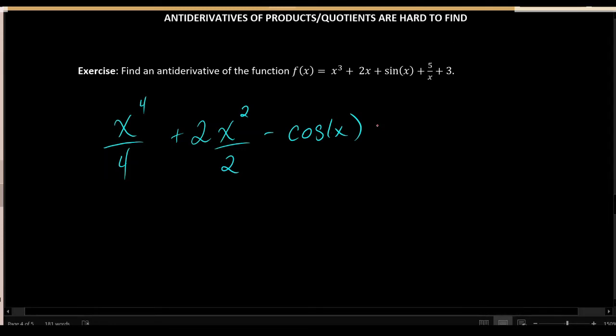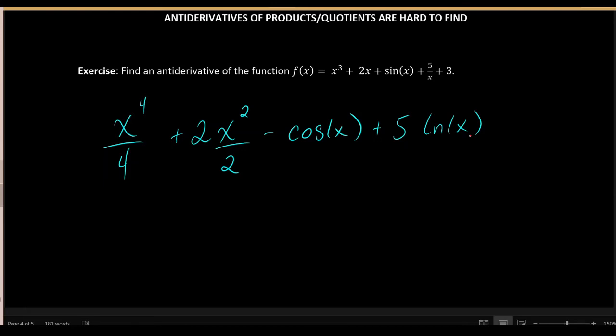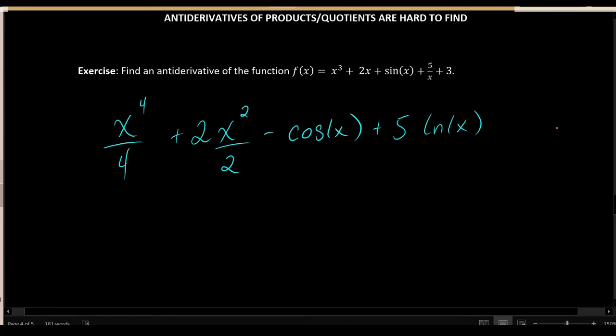1 over x is the special case where we have the natural log. Now, what do you think about the constant 3? What's an antiderivative of just 3? There are a few different ways to think about this, and one is to say, okay, I remember that when we calculate the derivative of a number times x, the result of that is the number.